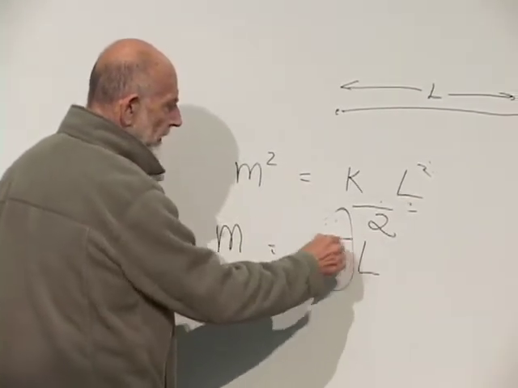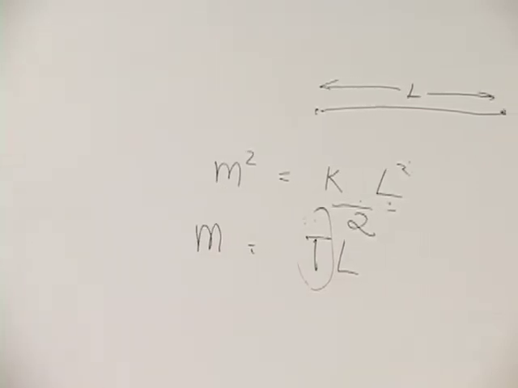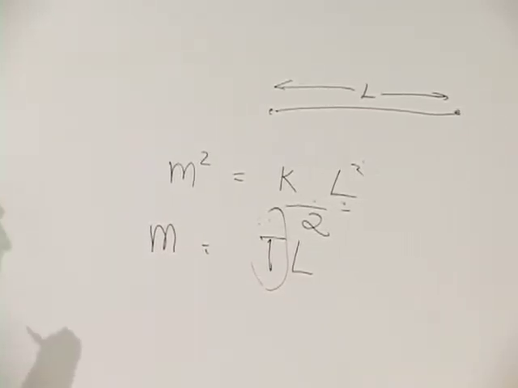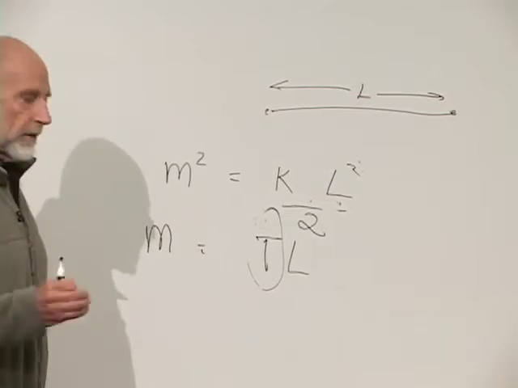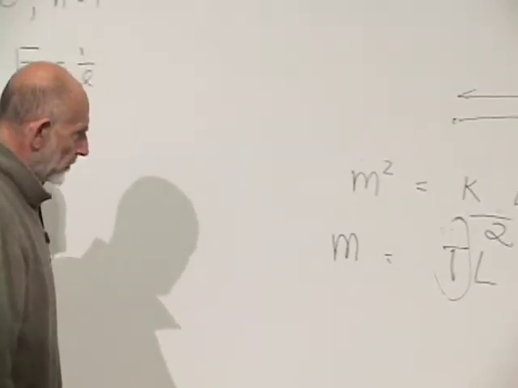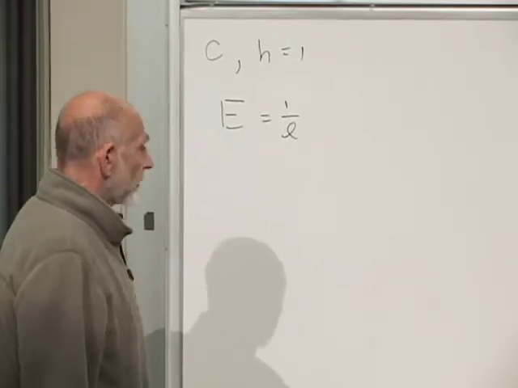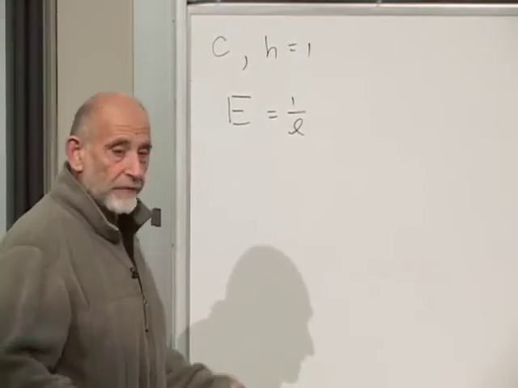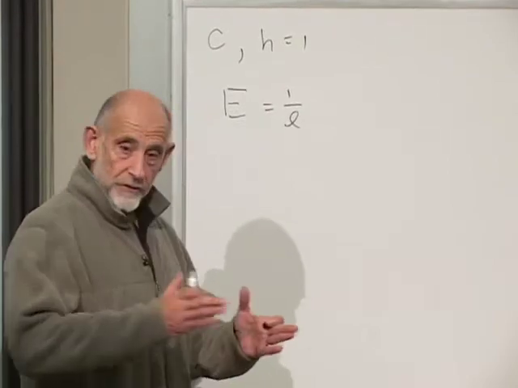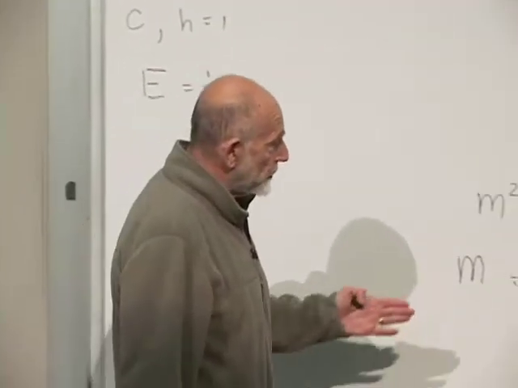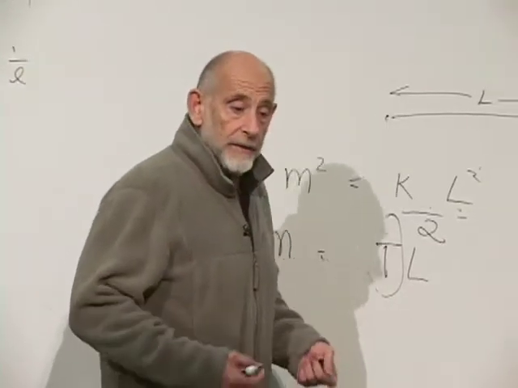T for tension. That tension in the string is the thing which sets the fundamental scale. It sets the scale for everything. It has units of energy squared, and I'll tell you what it does.